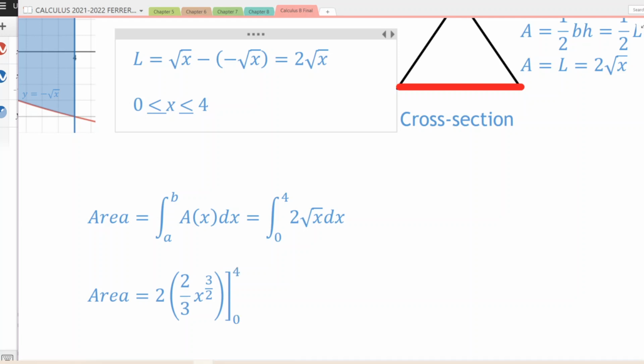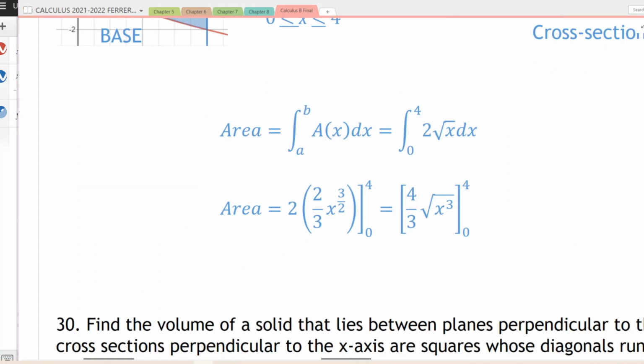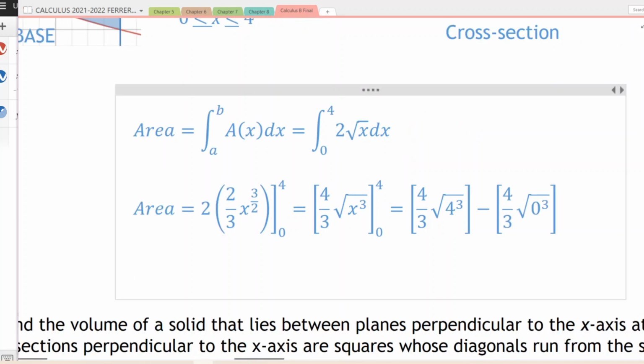It'd probably help if we simplified what we have here. So 2 times 2/3, that's 4/3, and then x to the 3/2 is the square root of x cubed. So we have 4/3 square root of x cubed. Next, let's substitute 4 and 0, and then we can evaluate these.